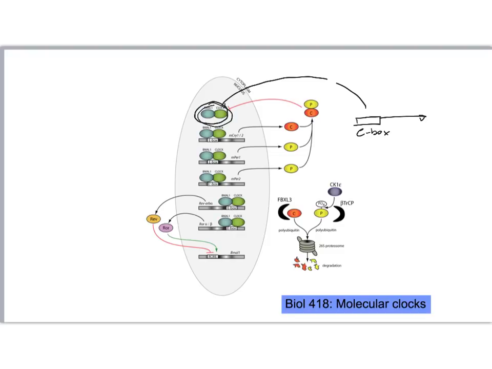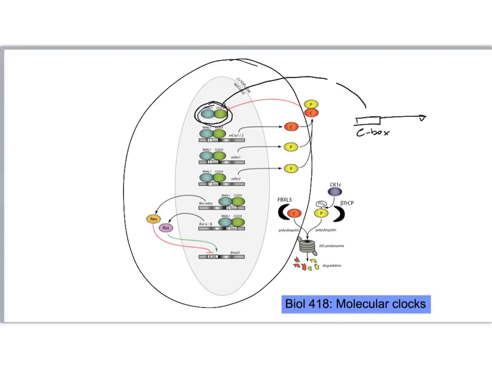And we call all these genes that are involved in this loop clock genes. By definition, they are genes whose transcription and translation is essential for the normal working of a circadian clock, and they're part of this circadian transcriptional, translational feedback loop.